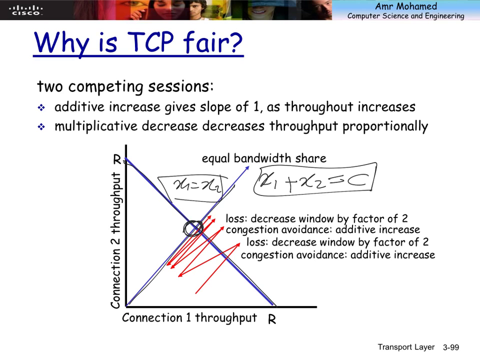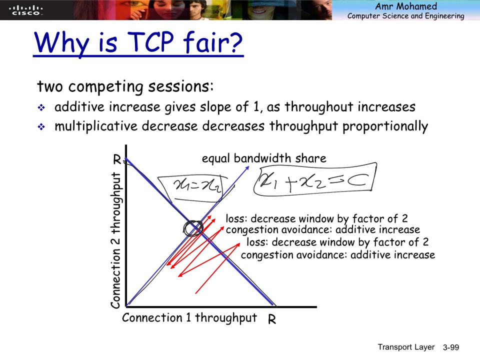So, let's try to dig into how the congestion control mechanism can keep us close to this point as much as possible.